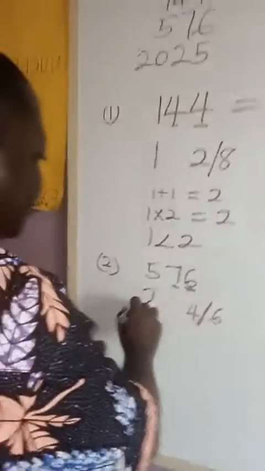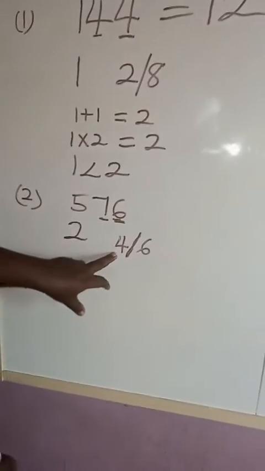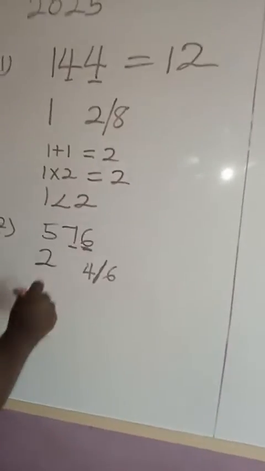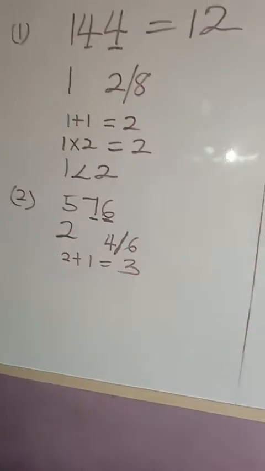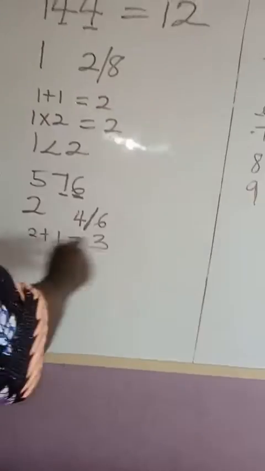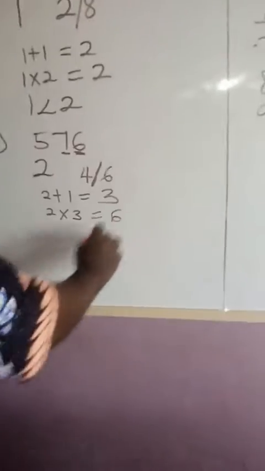The number is 2. So we are going to write 2 here. So now, to pick from 4 or 6, we are going to add 1 to this 2. 2 plus 1 is equal to 3. Then we are going to multiply this 2 by this 3. 2 times 3 is equal to 6.